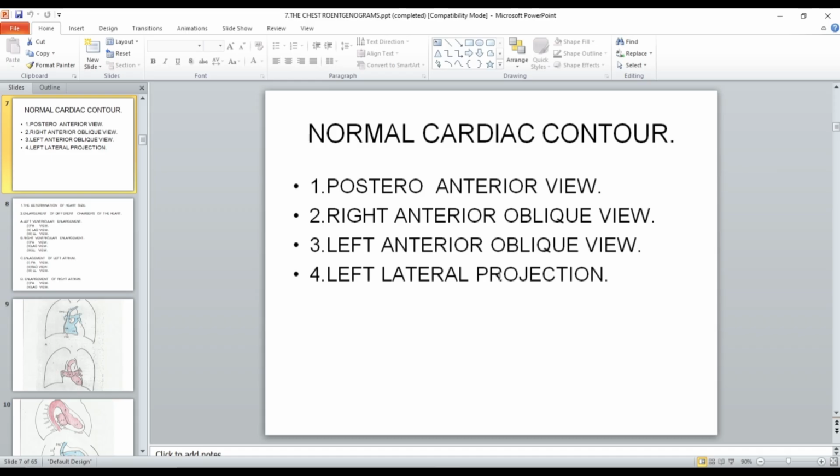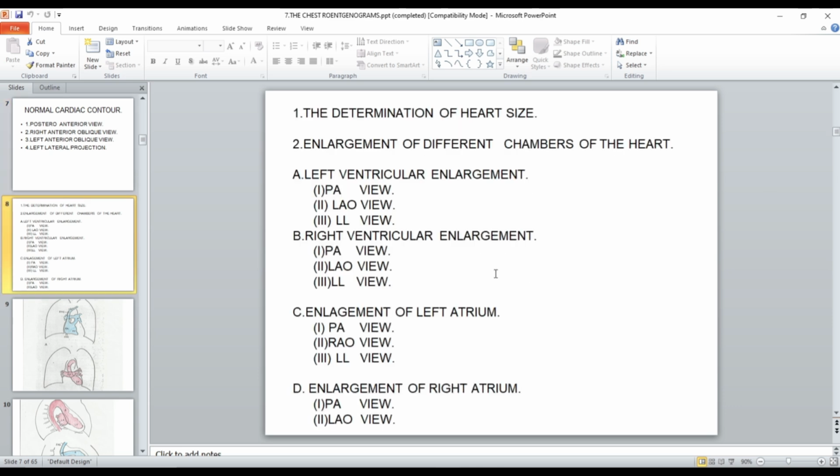For examination of the normal contour of the heart, particularly in fluoroscopy and angiography, the views used are: number one, the posterior anterior view, right anterior oblique view, left anterior oblique view, and lateral view. To look for left ventricular enlargement, PA view is taken, left anterior oblique view and then left lateral view.